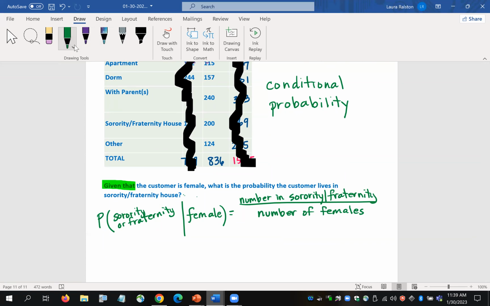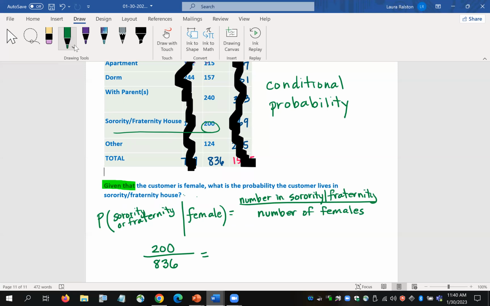So if I look at my table for sorority and fraternity house, there are 200 females that live in a sorority or fraternity house out of the 836 females. Again, I'm not worried about the males, so I can exclude them because I know that I got a female.